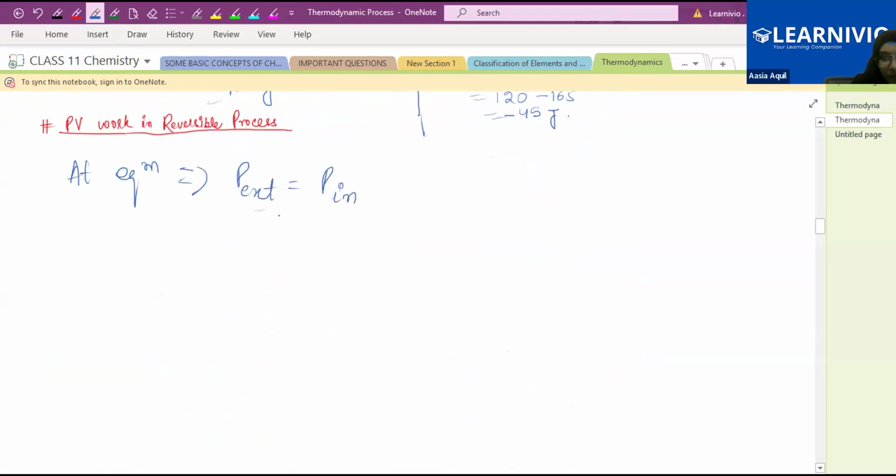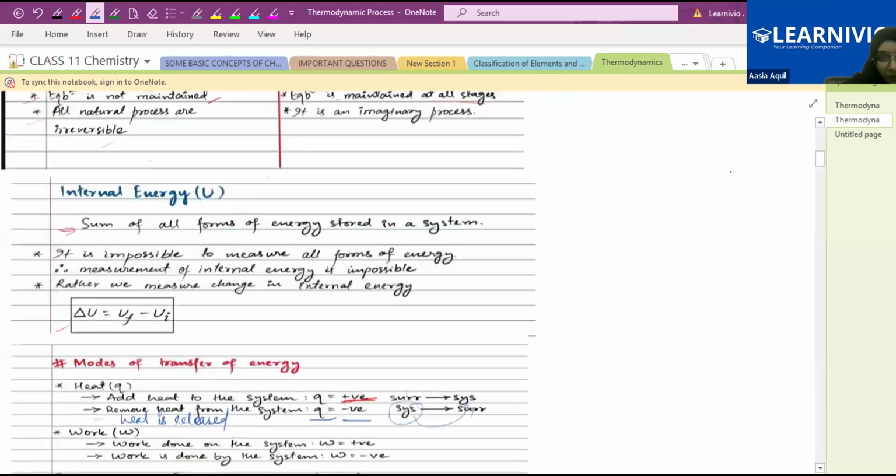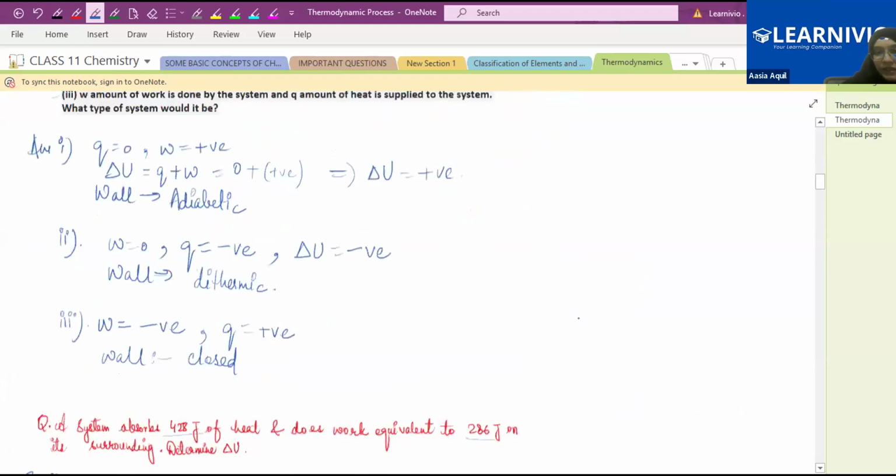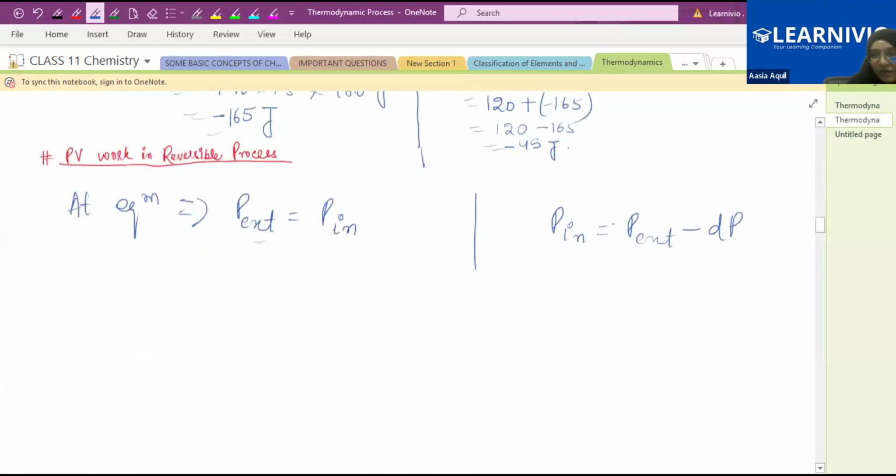Because we know that in the reversible process, the driving force is such that P internal is equal to P external minus dP. That was the point, right? So Pi is equal to P external minus dP, and that's what we will use here to derive something.